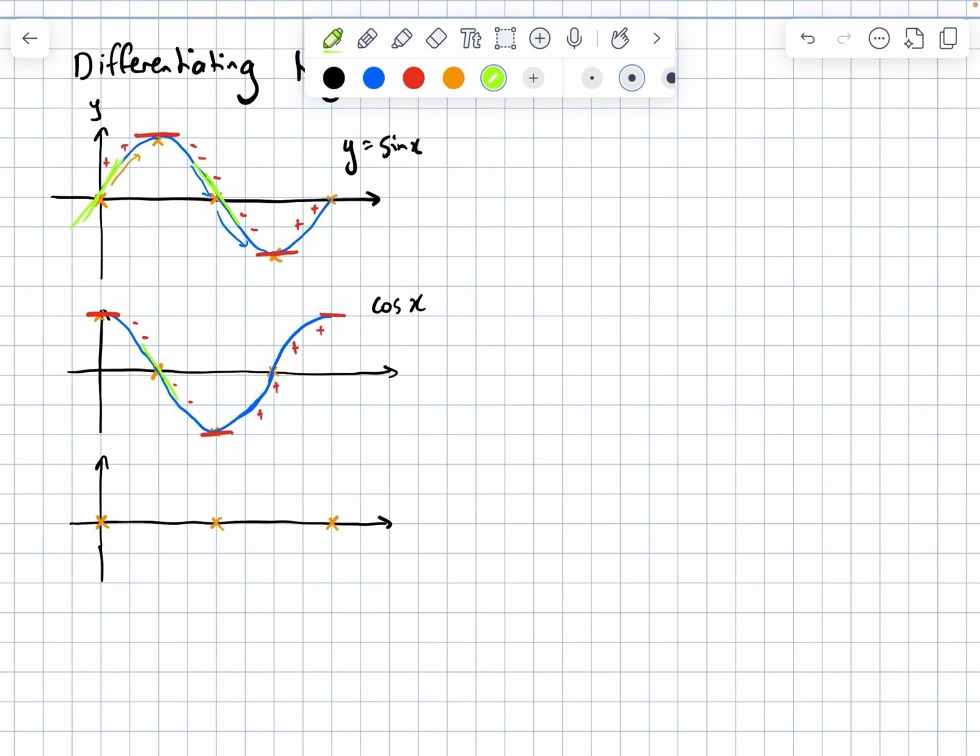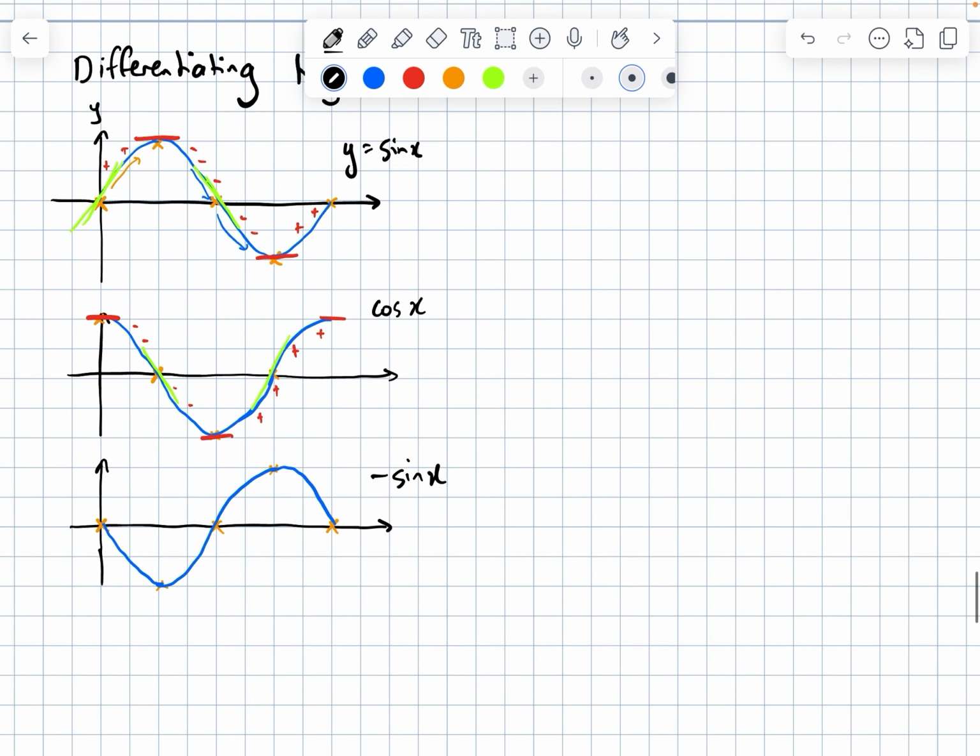At this point here, and that point there, the tangent looks like it's 1 and -1. So -1 at the first one, +1 at the next one. And we can draw a curve through that. And we get a sine curve, but it's been flipped horizontally to give us a negative sine curve. So from these graphs, we can see that sine differentiates to cos, and cos differentiates to negative sine.